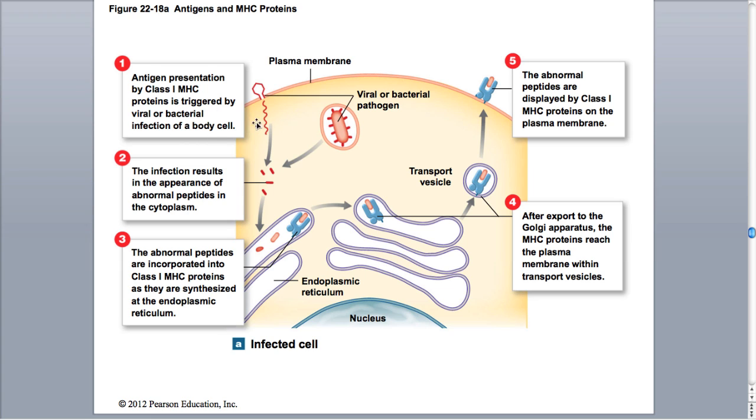So here's a virus. It has gone in and taken over this cell. The infection results in the appearance of abnormal peptides in the cytoplasm. So now this infected cell has some bad stuff in the cytoplasm. It's germ stuff.